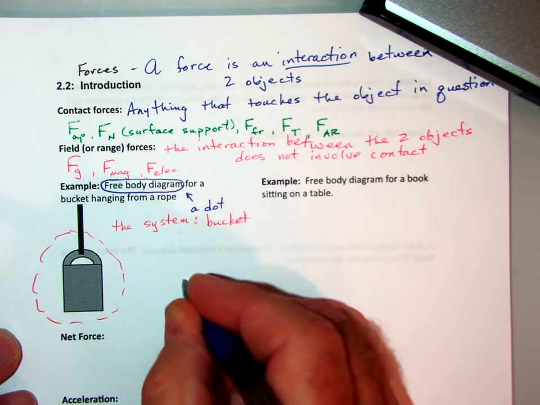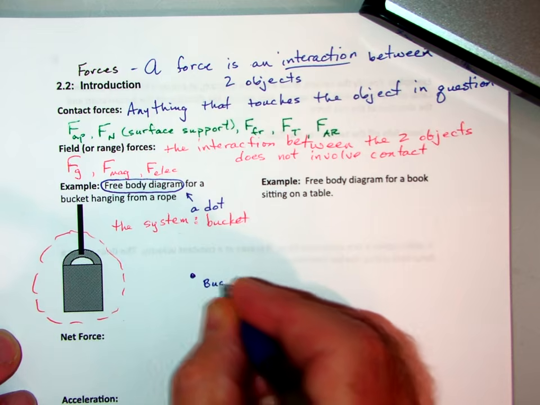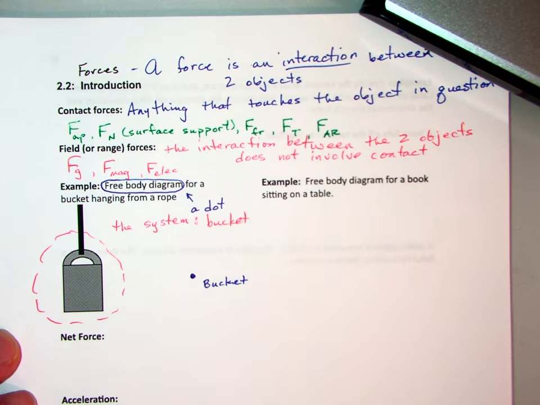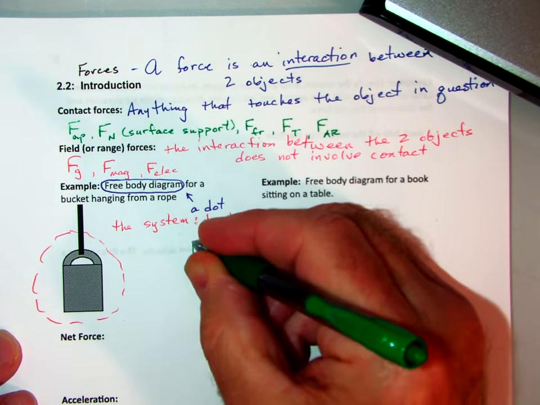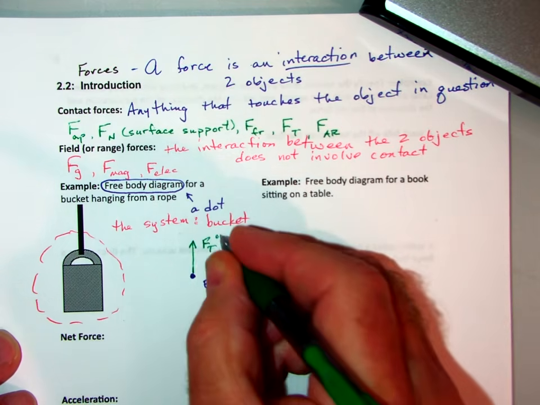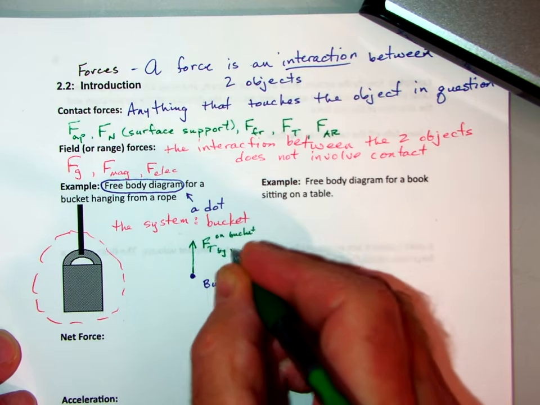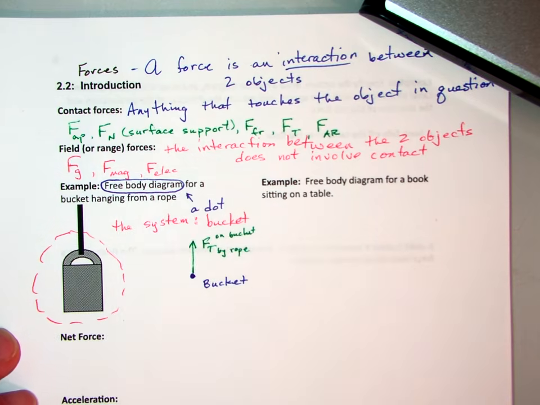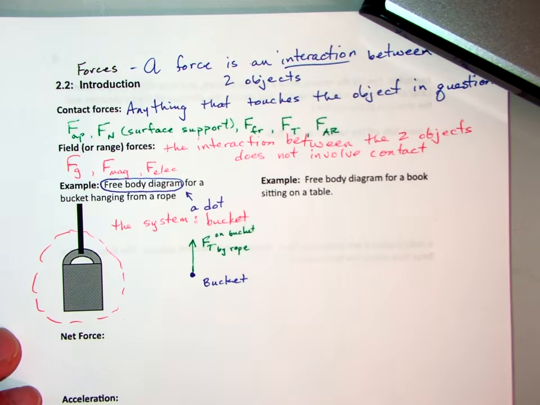So when we draw a free body diagram, again, we draw a dot that represents the system, bucket, and then there is a force of tension that is on the bucket by the rope. And that's the only contact force that breaks our system circle.